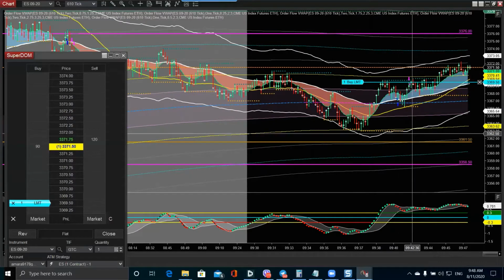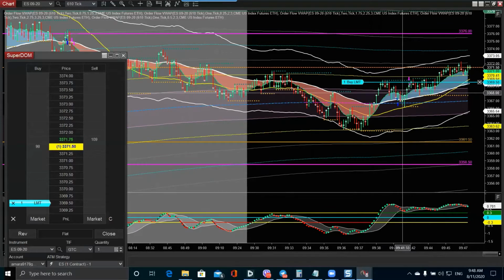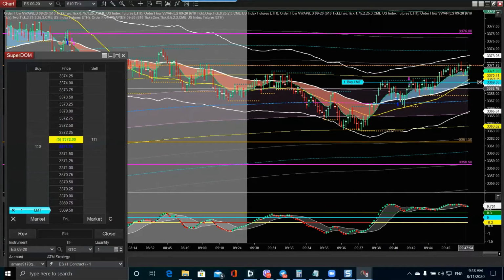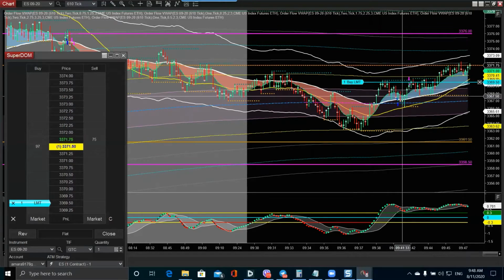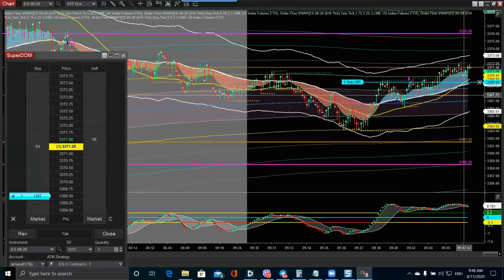So we can get a good entry here. Here's what we call the outer edge of the VWAP.